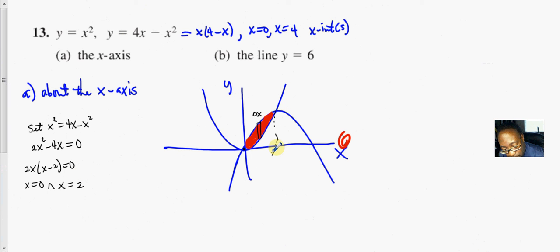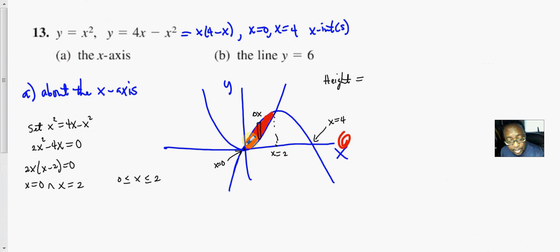Here, this is x equal to 2. And this point was x equal to 4 from the intercept, right? Of which we don't need. x equals 0. So we have 0 less than or equal to x less than or equal to 2. And then notice, to get the height, going back to the previous section, the height is the function up above minus the function below.